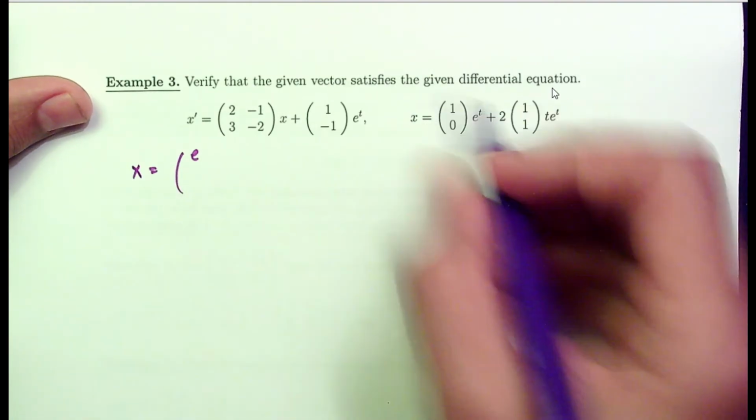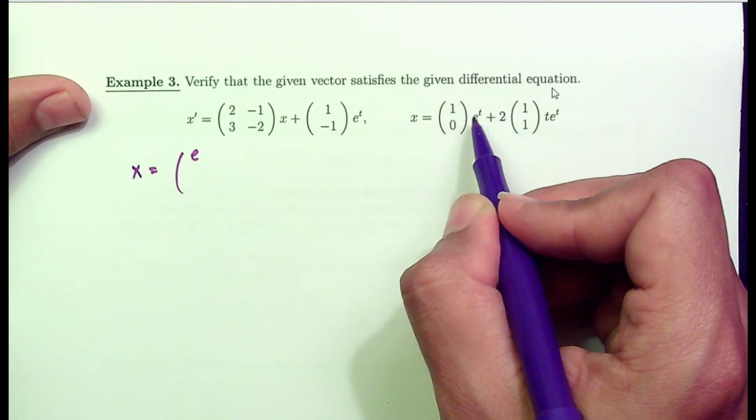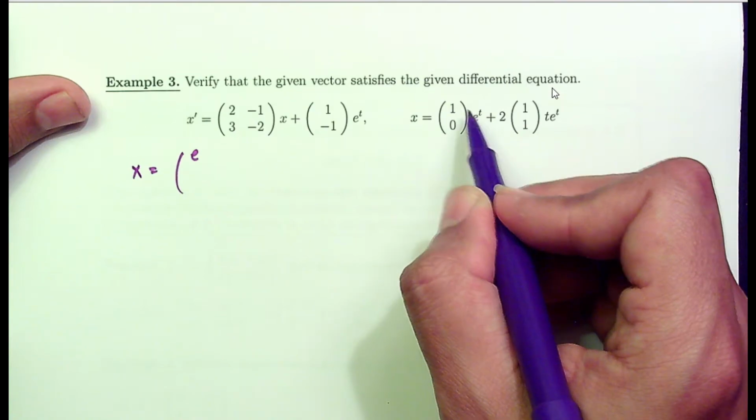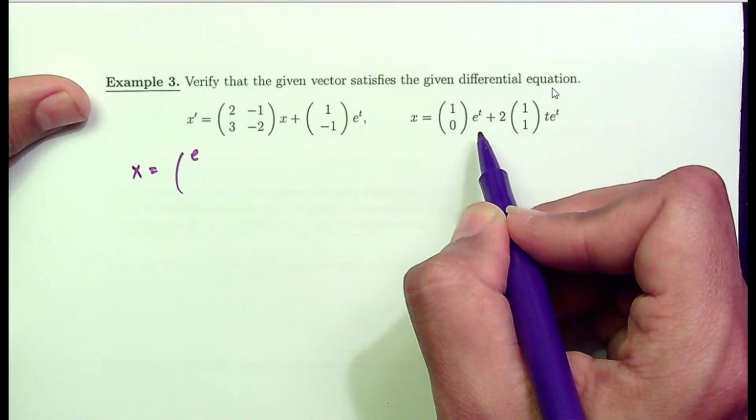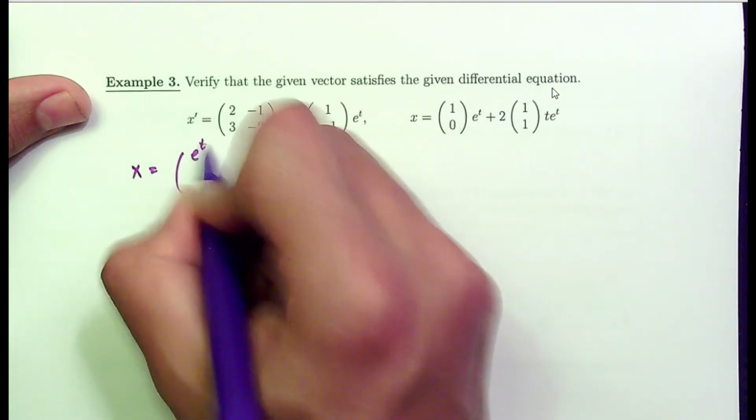So let's distribute here. Multiply this vector by this number, so it'll be e to the t, 0.